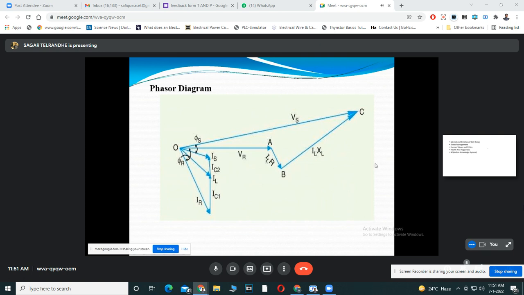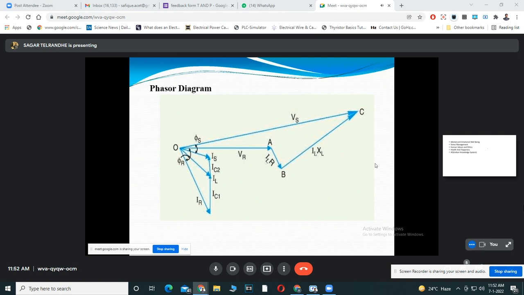The phasor diagram is very simple. Here, we have taken the receiving end voltage as the reference voltage, so we have drawn it over the x-axis.